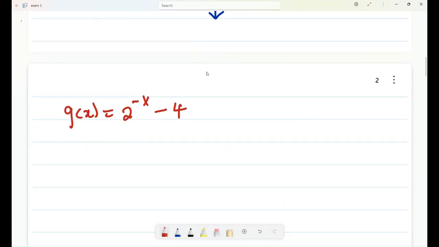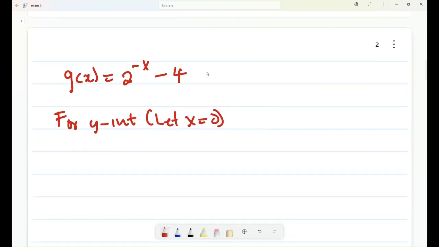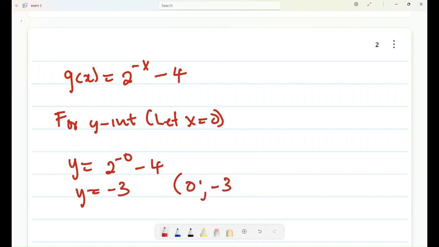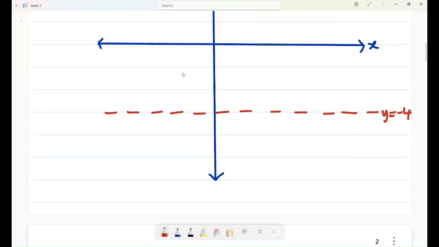Yes. Now for the y-intercept, we let x equal to 0. So you're going to say y is equal to what? 2 to the power of negative 0 minus 4, which is 1 minus 4, which is y equal to negative 3. This is our y-intercept, in terms of coordinates: when x was 0, y was negative 3. I go and plot it here.